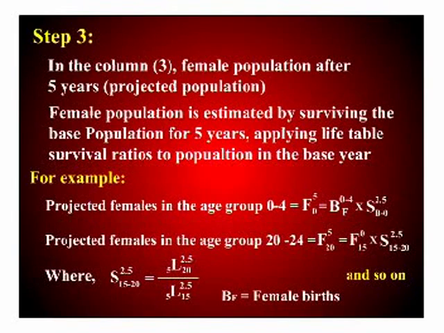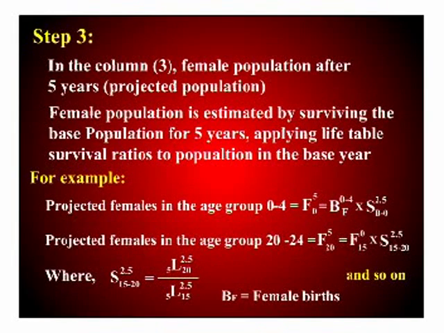In the third column, females in the 5-year age group, 5 years after the base year, are entered. Female population is estimated by surviving the base population for 5 years. For surviving the population, life-table ratios relating to the 5-year period are used.